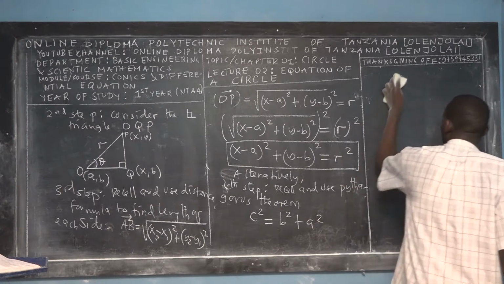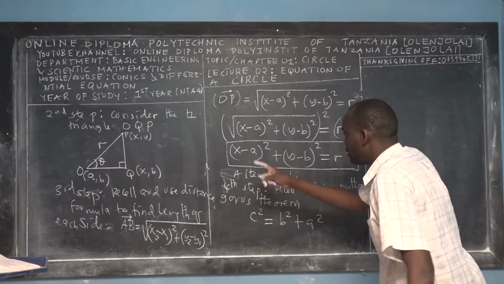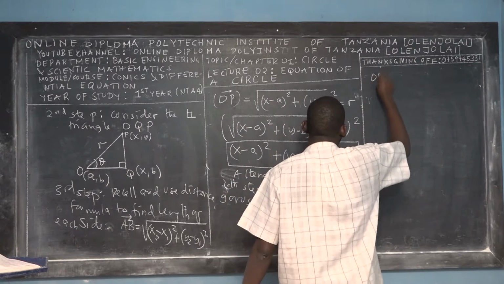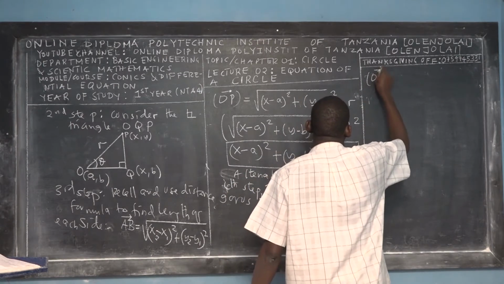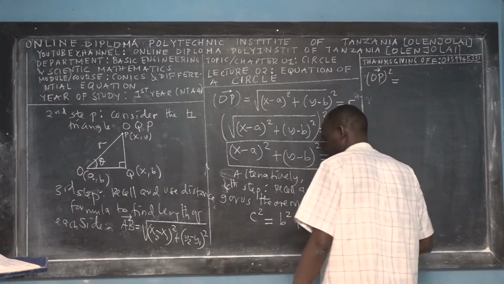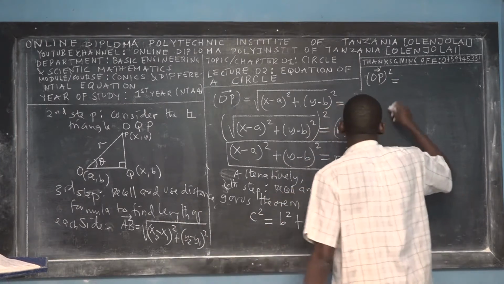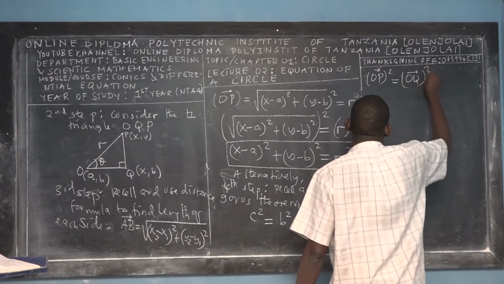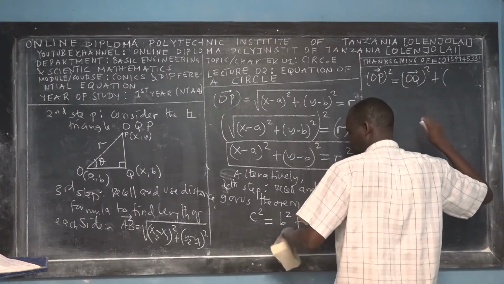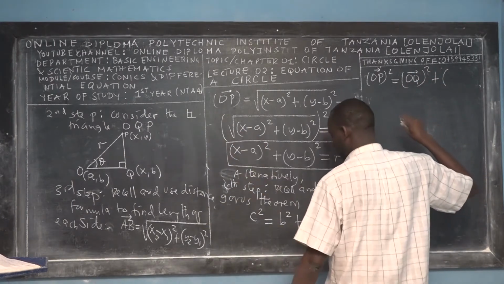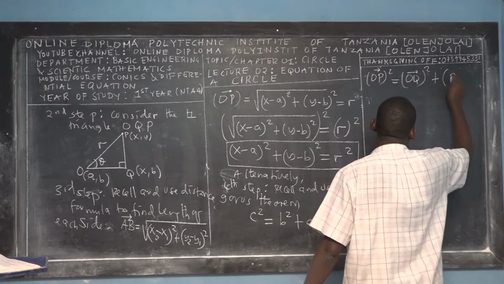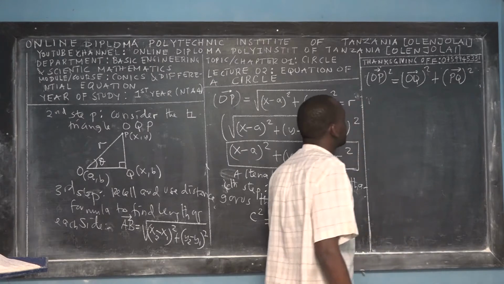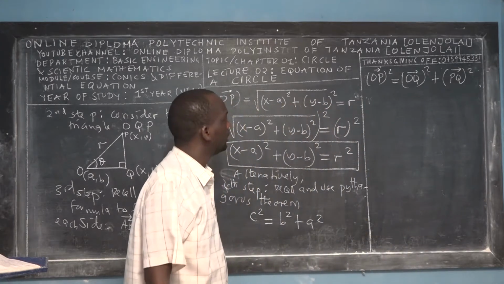If you relate, c squared corresponds to the line segment OP squared, and this is equal to b squared, which might correspond to OQ squared, plus a squared, corresponding to PQ squared.